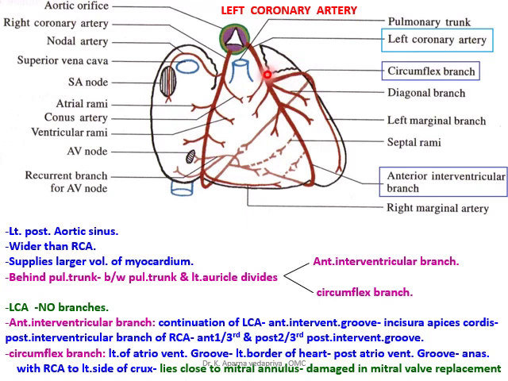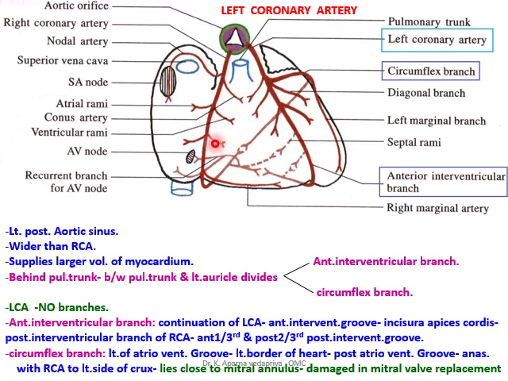In the left part of the anterior part of the atrioventricular groove, the circumflex branch lodges, and it winds round the left border of the heart and is seen lodged in the posterior part of the atrioventricular groove, anastomosing with the right coronary artery to the left side of the crux.